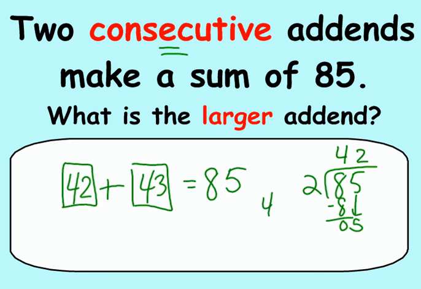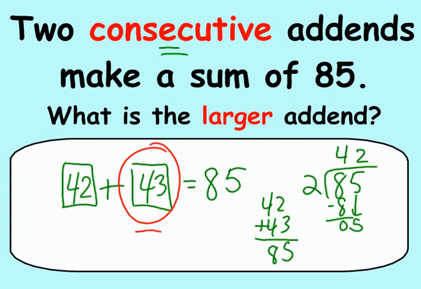Do 42 and 43 make 85? They do. Now the question says, what is the larger addend? The larger addend is 43, and that would be our answer. So when it says 2 consecutive addends, you can divide by 2, and this will give you a good starting point as to what one of the numbers might be.